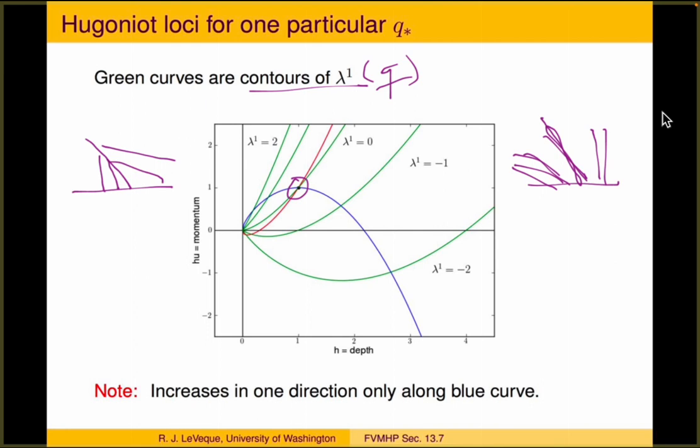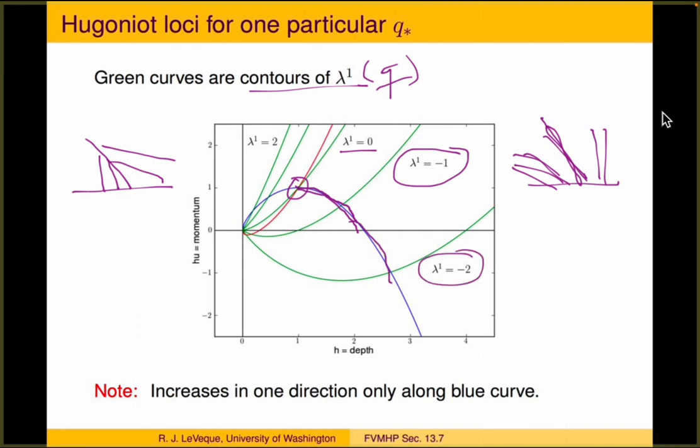For the particular point I chose here that's circled, lambda 1 happens to be equal to 0 at that state. But as we move along this Hugoniot locus corresponding to 1-waves in this direction, we find that lambda 1 is decreasing to -1 and then to -2.